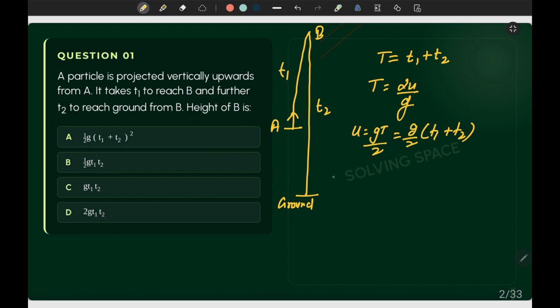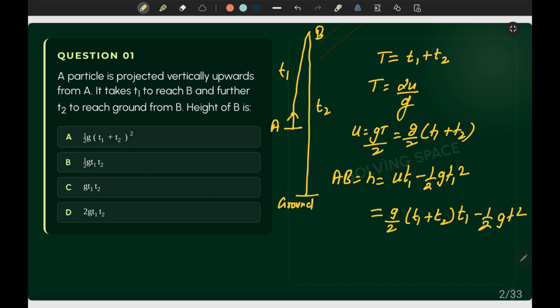And now for AB height. AB is, from equation of motion, ut minus half g t1 square. Putting the value of u from above, g by 2 into t1 plus t2, into t1 minus half g t1 square.